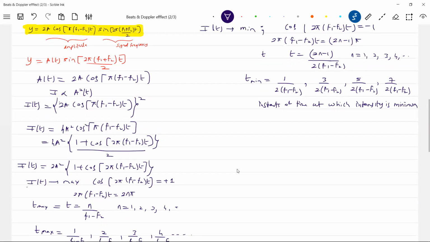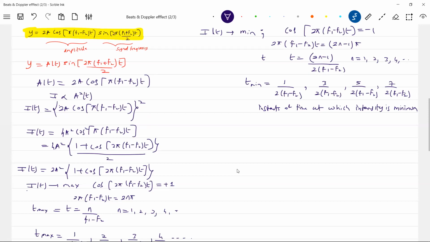Next again, what are the instants of time at which intensity will be minima? 0.25 seconds. F1 is 3 hertz, F2 is 1 hertz. So 2, 1 by 4.